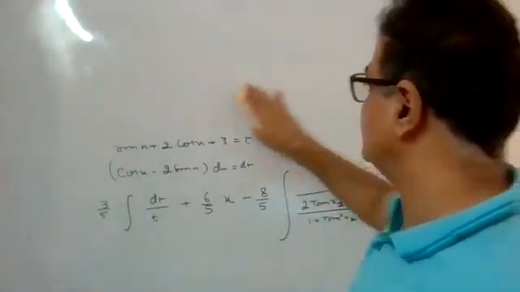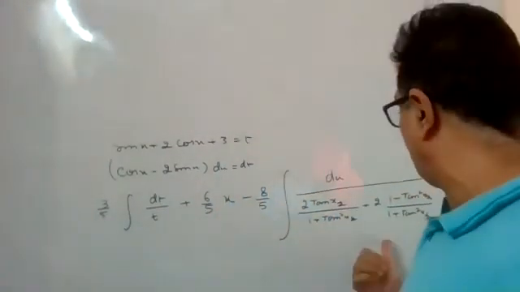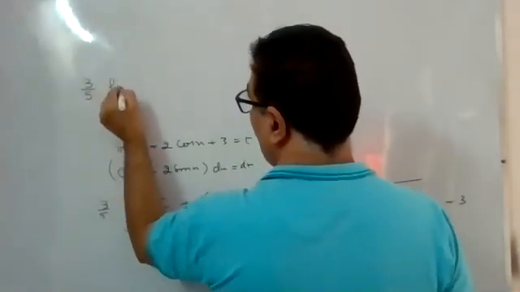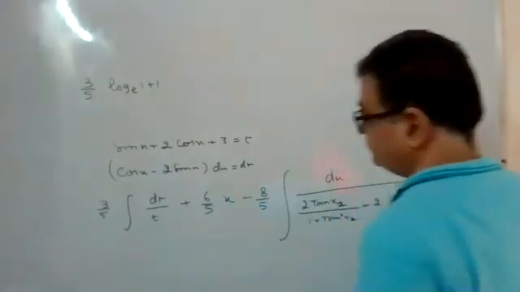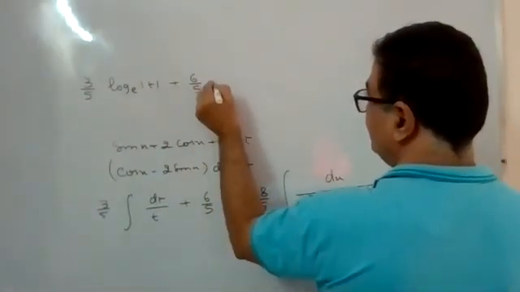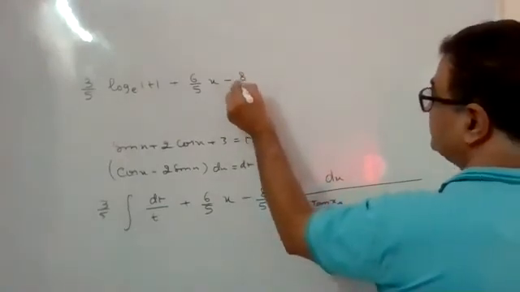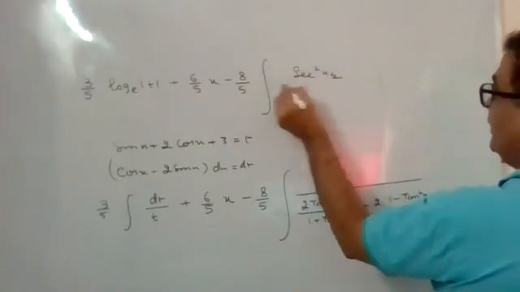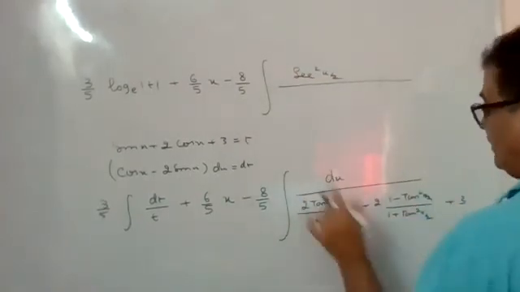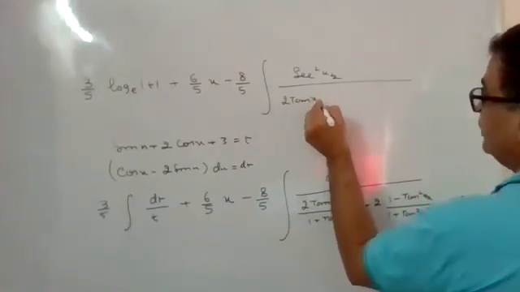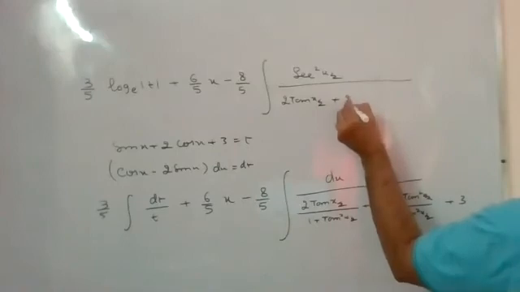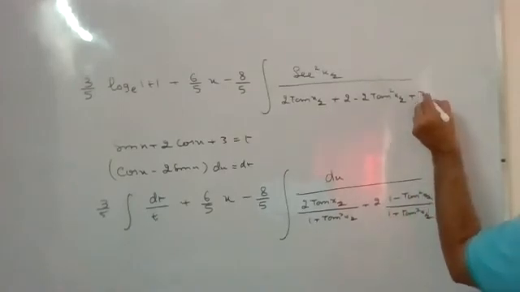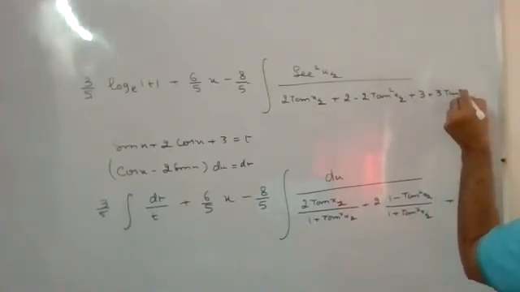So same as the previous question, when sin cos came in linear form in the denominator we convert in tan. ये आएगा आपका 3 by 5 log of t, this will be 6 by 5 x. And here it comes out to be minus 8 by 5. 1 plus tan square x by 2 will be in the numerator, so sec square x by 2. This will come out to be 2 tan x by 2 plus 2 minus 2 tan square x by 2 plus 3 tan square x by 2.